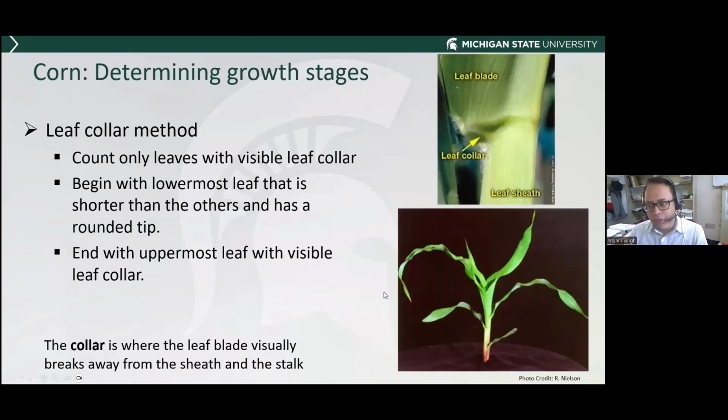And the way we count this is we start with that rounded leaf at the bottom. So that does get counted in the most commonly used methods. So that's your leaf 1. You can see in the picture leaf 2, leaf 3, all these 3 have a leaf collar, while these other 3 leaves do not have a leaf collar. So this plant would be a V3 plant, not a V4 or V5 plant, right?